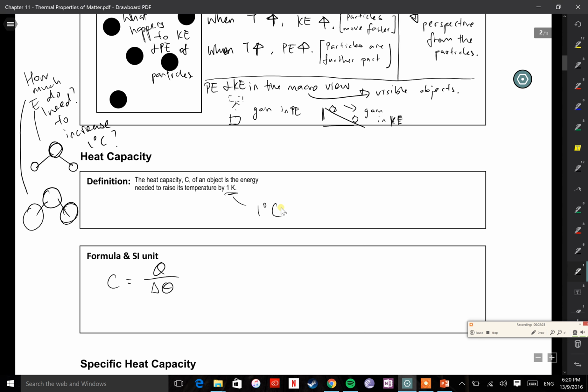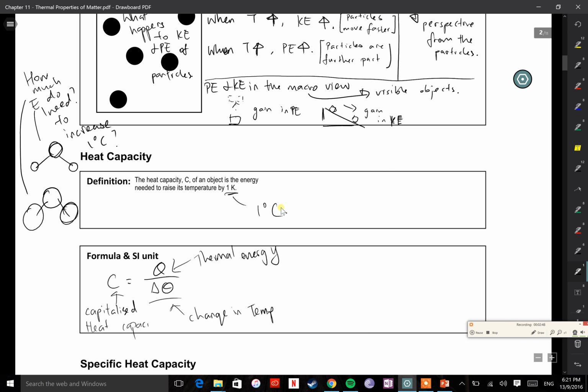Change in theta would be the change in temperature, Q would be the thermal energy required, and of course this C, which is capital C, is the heat capacity.